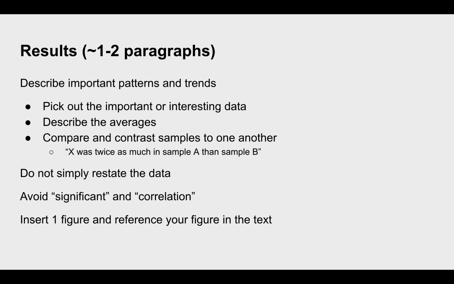We're also going to do the results. Again, science writing to the point. In the results, you're describing what you saw, but you are not saying why you might have seen this happen. We're really going to describe the patterns and the trends that we are seeing. So maybe the Mars soil has a ton of sand in it, so I might say that it was X percentage of sand.